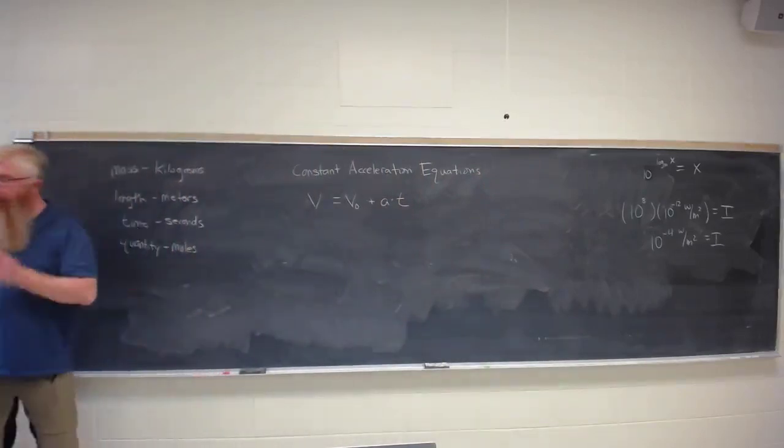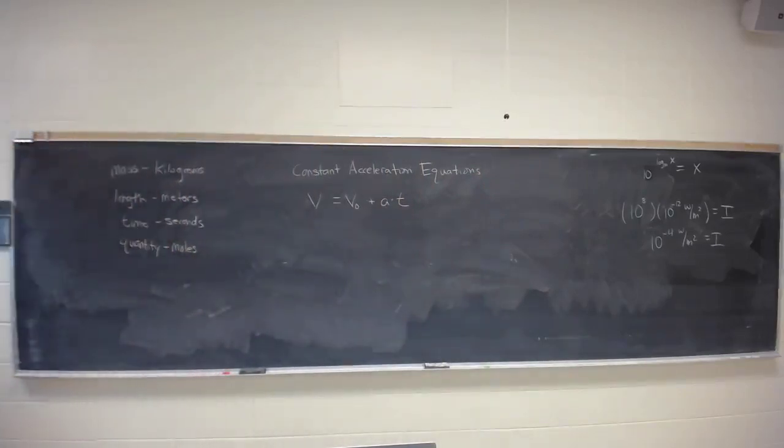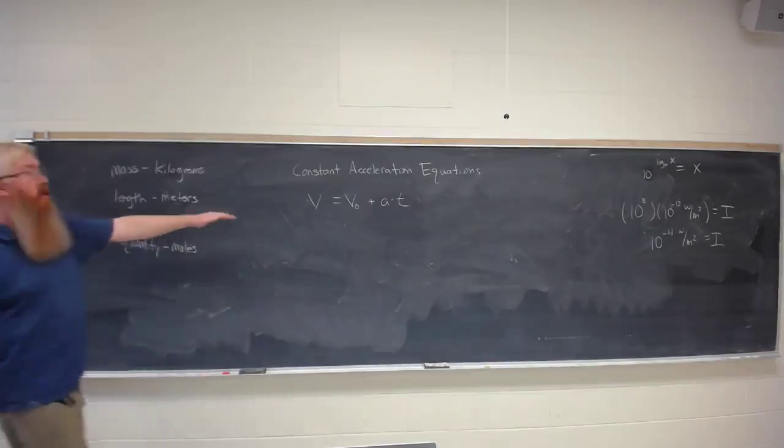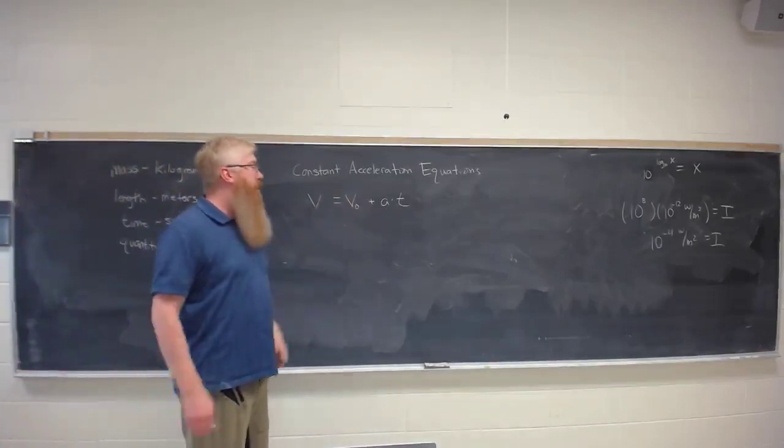Again, assuming the acceleration is constant. If the acceleration is not constant, we can't use these problems. But I'm not going to be asking you a question where acceleration is not constant because you don't have the tools. You need calculus to do that. And of course, if the acceleration is 0, then the velocity doesn't change. Right? The final velocity is equal to the initial velocity at all times if the acceleration is 0.